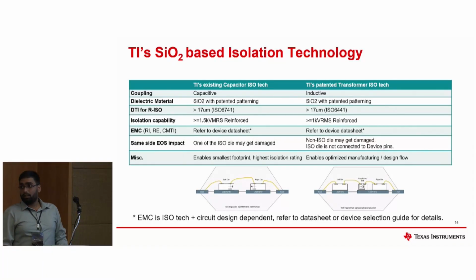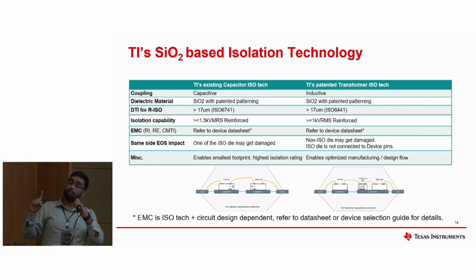And since you know it is series capacitive, the signal to noise ratio from side 1 to side 2 requires more power to be injected to be detected on the right hand side, which is the RX side. What I'm basically trying to say is the coupling factor. You have to understand that we had two kinds of isolation data transmission methodology: one is called on-off keying and one is edge based.